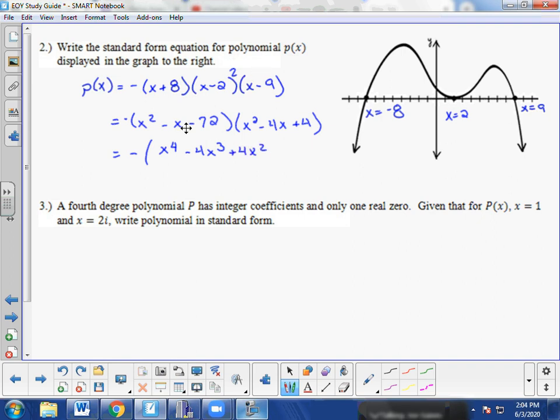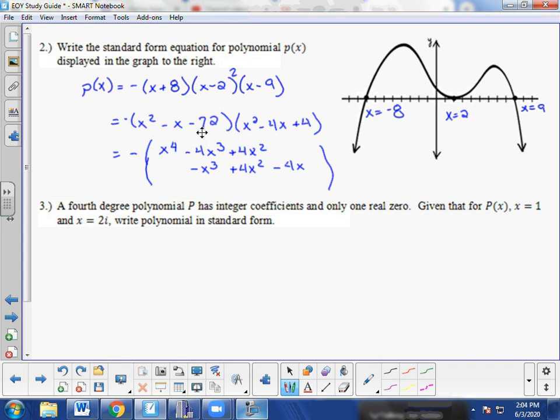Then I would distribute this negative x, and I'm going to line up my like terms. So negative x times x squared would be negative x cubed. Negative x times negative 4x would be positive 4x squared. Negative x times 4 would be negative 4x. And then one more distribution here.